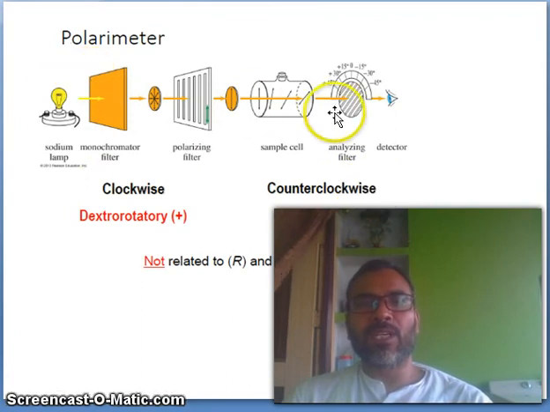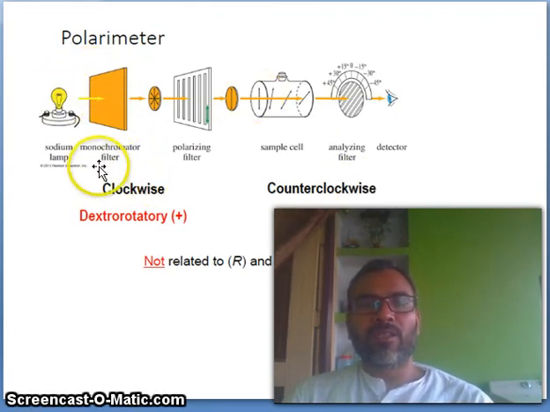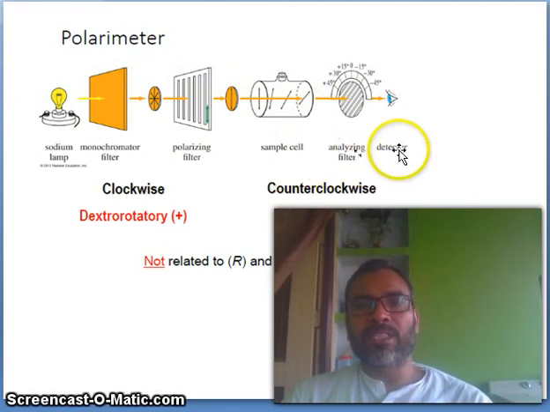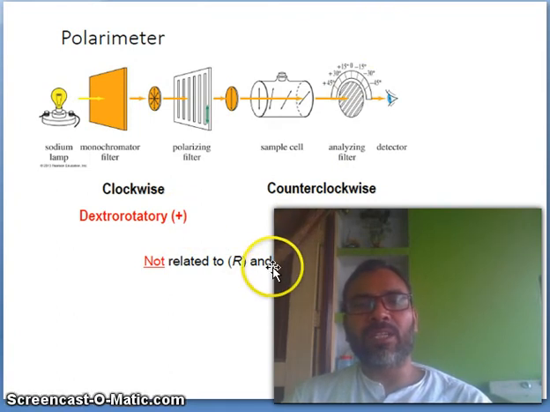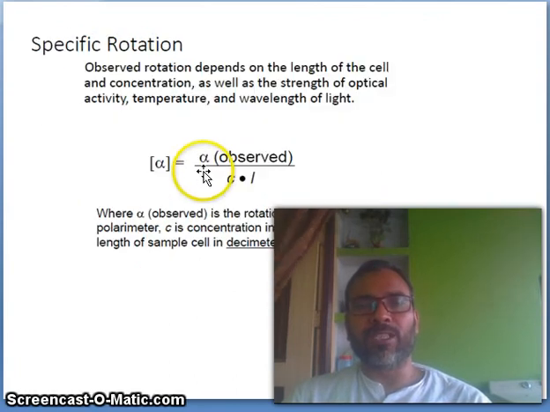So this is the schematic diagram of a polarimeter. If clockwise, then positive, dextrorotatory. If counterclockwise, negative. This is not related to R and S. R and S we assign with the priority order, and positive and negative come through the polarimeter.